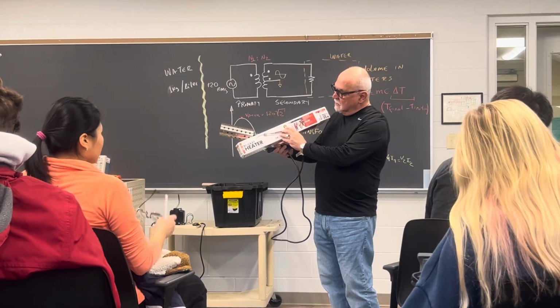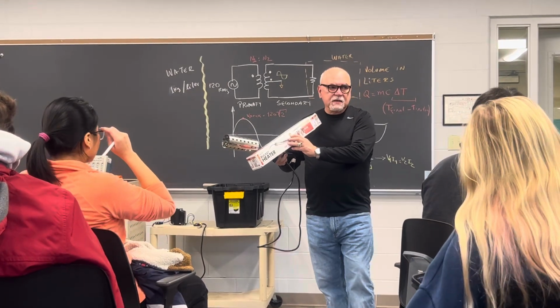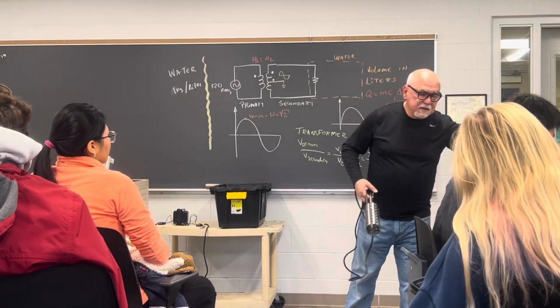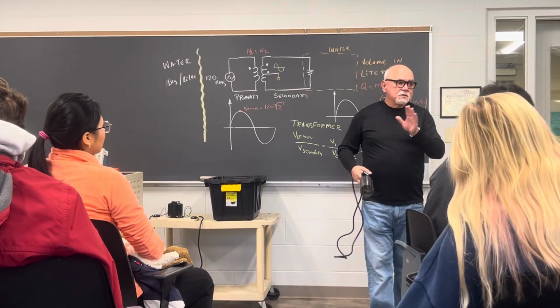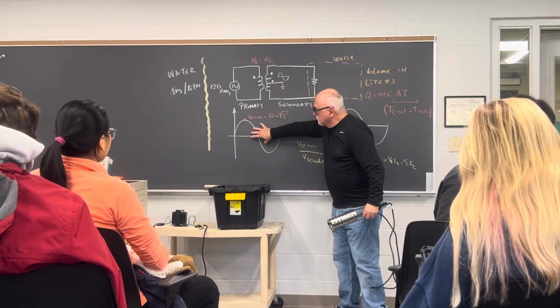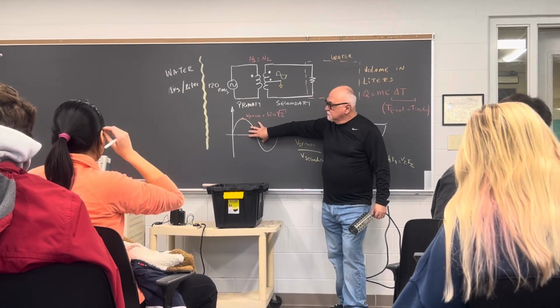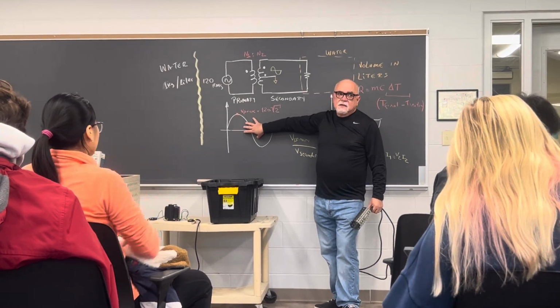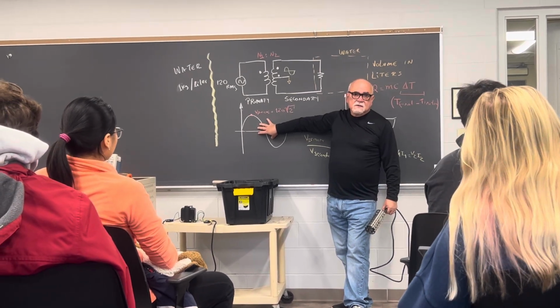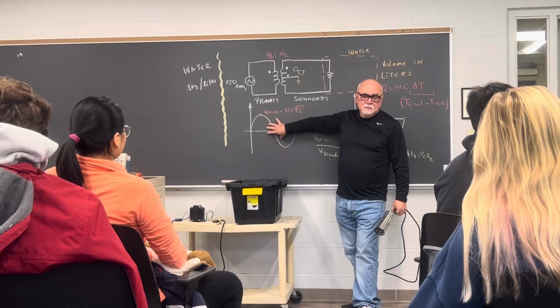In AC, all the ratings are in RMS. What's the meaning of RMS? It's a value that we associate with the sinusoidal waveform, the one that we're learning with phasors. RMS is an equivalent voltage that would give the same power in DC.